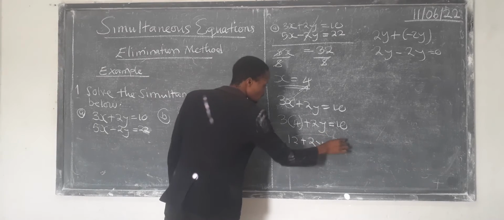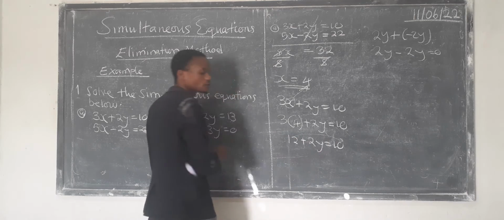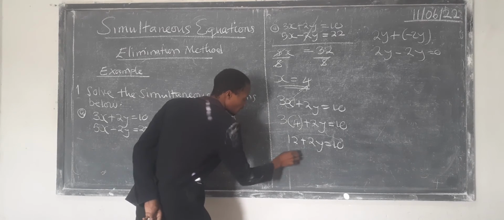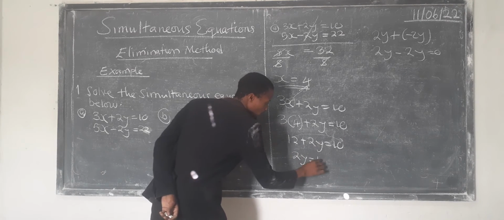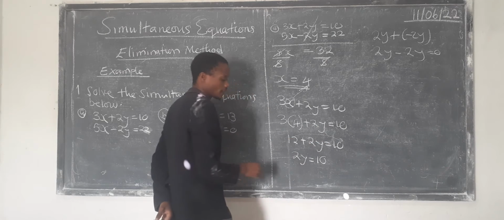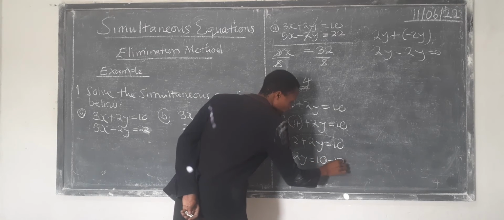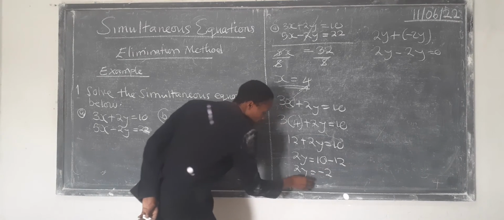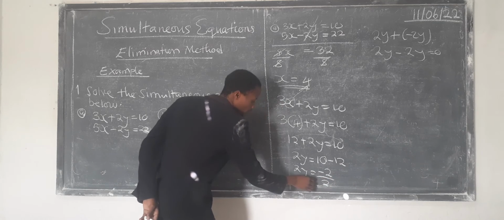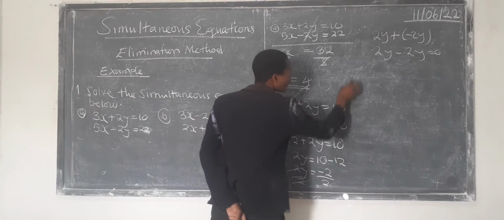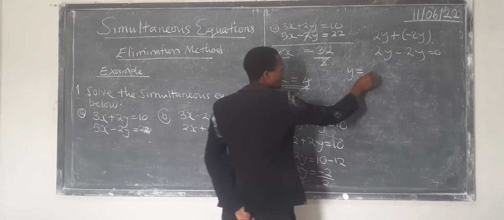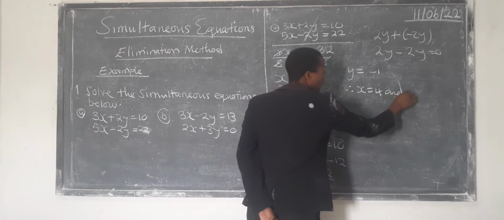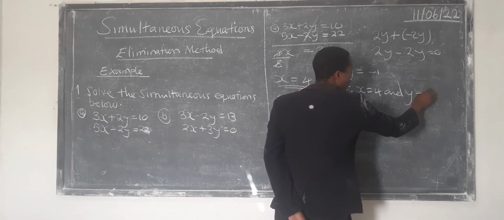We group like terms, so the 12 goes to the other side. We have 2y is equal to 10, and when 12 goes there it becomes negative 12. So 2y is equal to negative 2. Divide by 2 on both sides, and we have y equal to negative 1. Therefore, x is equal to 4 and y is equal to negative 1.